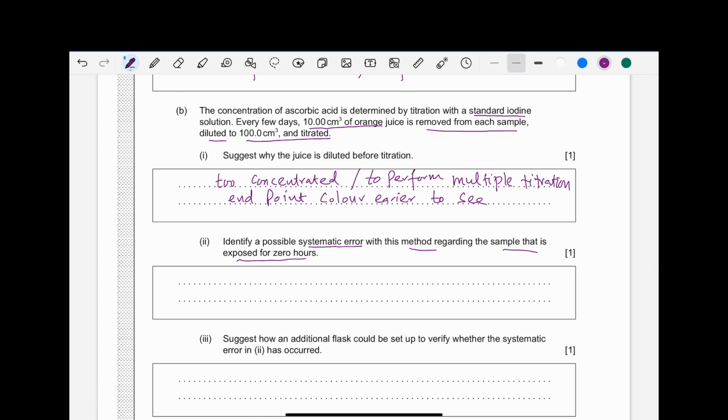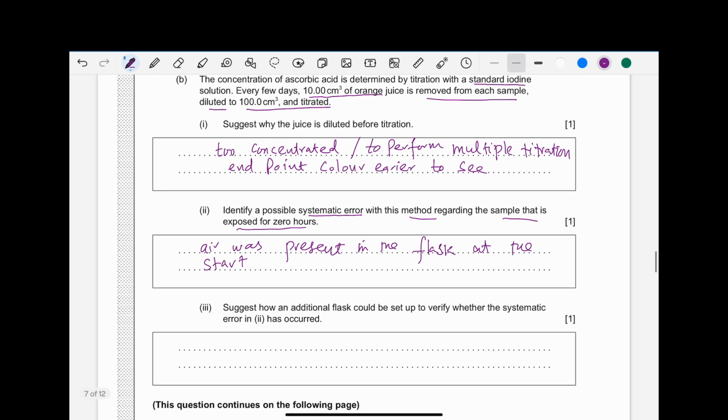The other possible systematic error can be that air was present right at the start in the flask, because the method doesn't say they have removed it or produced an inert environment inside. Any one of them will give us a mark. So air was present in the flask at the start, or the flask has to be open to withdraw the sample.